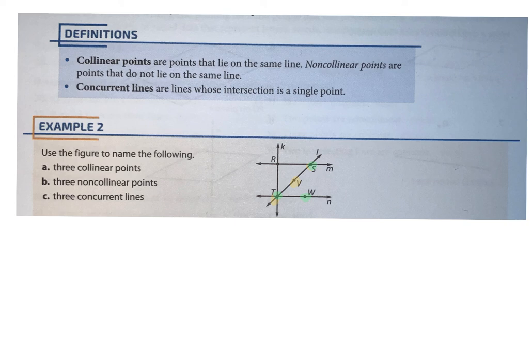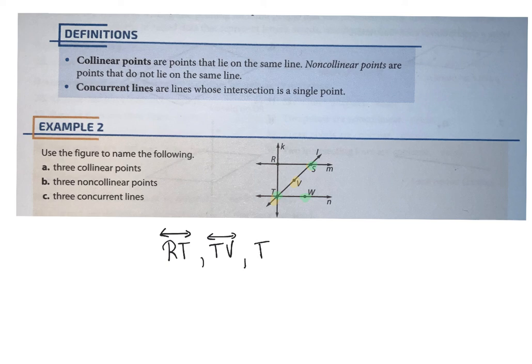And then it asks for 3 concurrent lines. Well, it just said that concurrent means they intersect at a single point. So I could say, and I would say it with my description, RT, and I would use my line notation. TV or TS, those are the same lines.